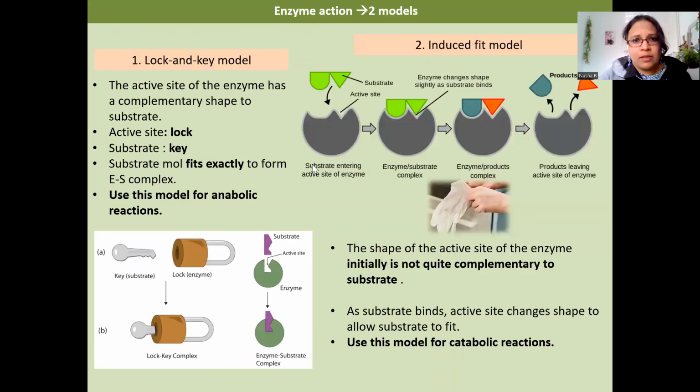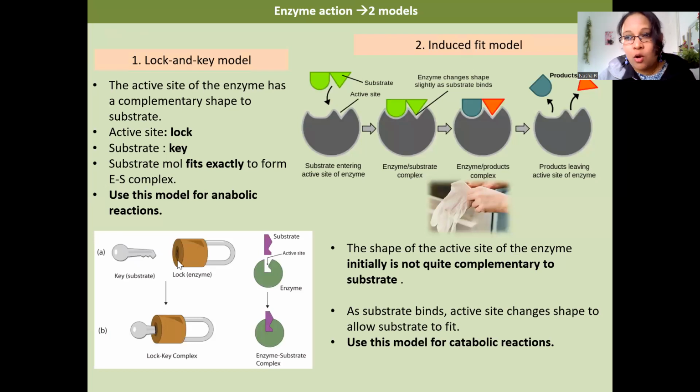Now let us look at two models that are important to explain enzyme action. There's the lock and key model, and there's the induced fit model. Very briefly, the lock and key model is to do with a lock and a key. The enzyme is the lock and the substrate represents the key.